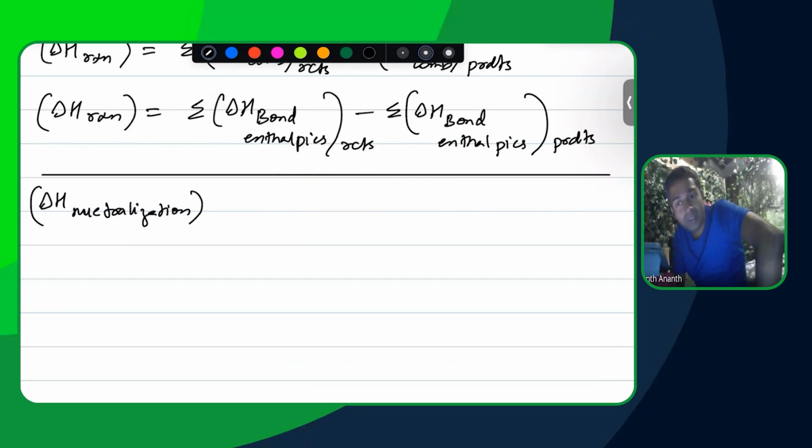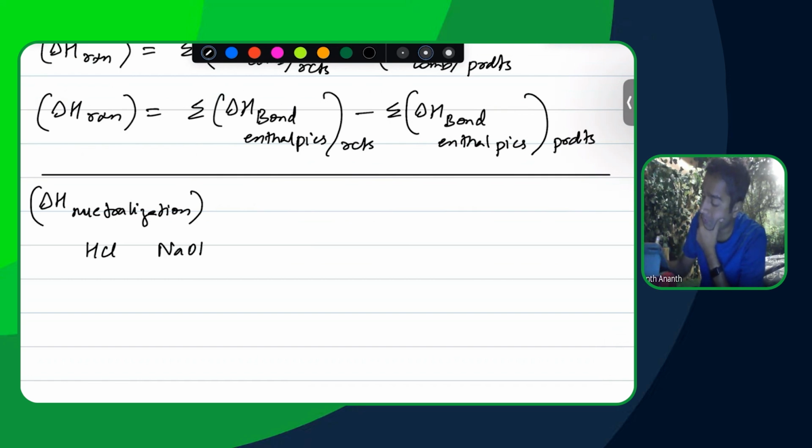So when it comes to enthalpy of neutralization, let's quickly go back to what a neutralization is. If I have, say, HCl neutralizing with NaOH and HNO3 neutralizing with NaOH, what is happening? These two will react with each other, and these two will also react with each other.